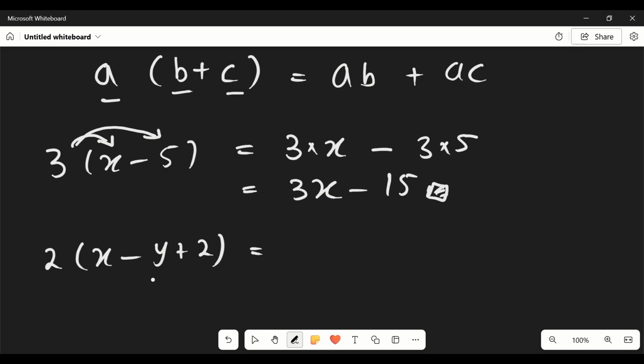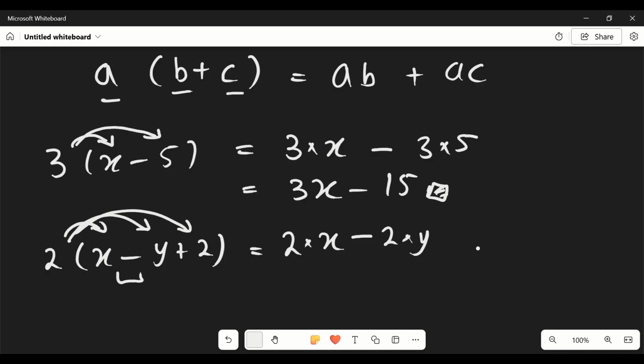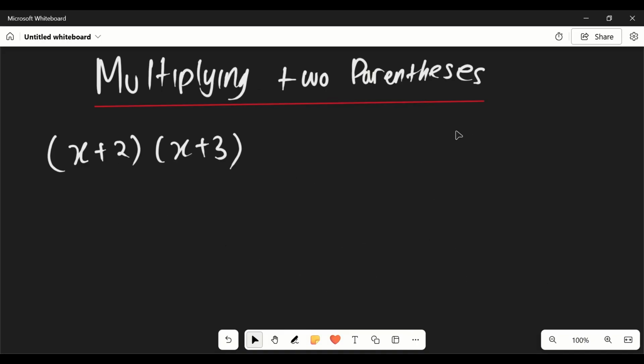If you have a problem like this, first you multiply everything again. So you have 2 times x minus, this is minus sign, 2 times y, this is a plus sign, plus 2 times 2. So you get 2x minus 2y plus 4. And that is the answer.